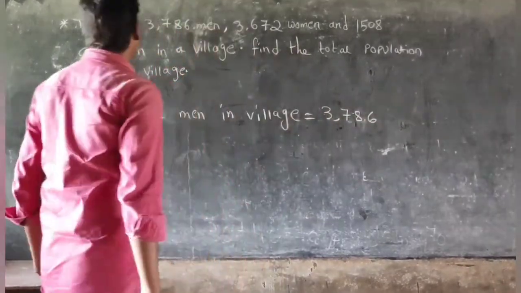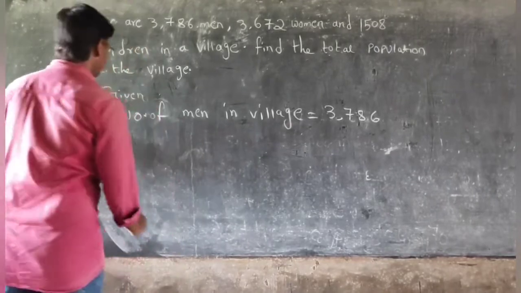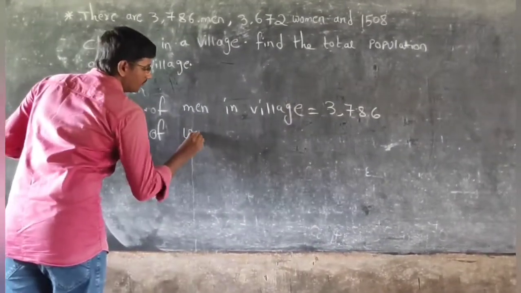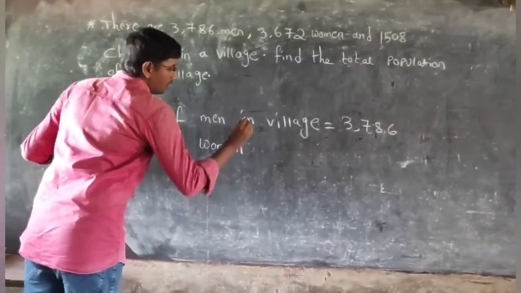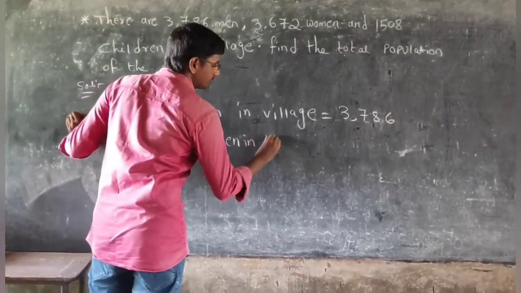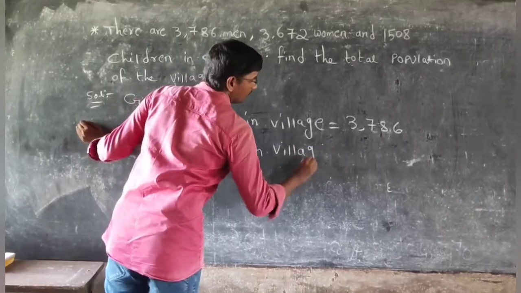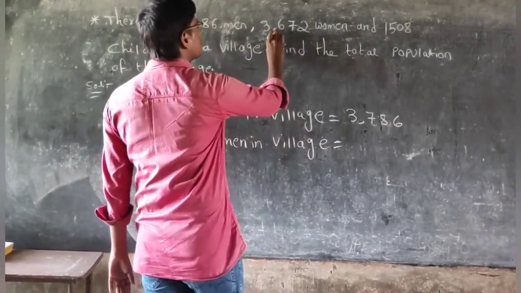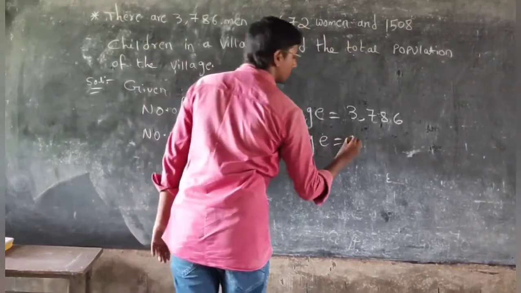Next one, number of women in the village is equal to 3,672.